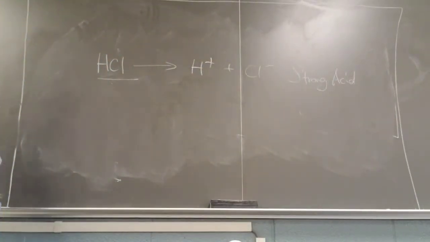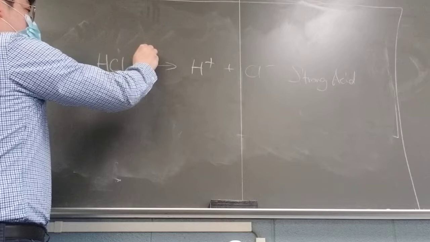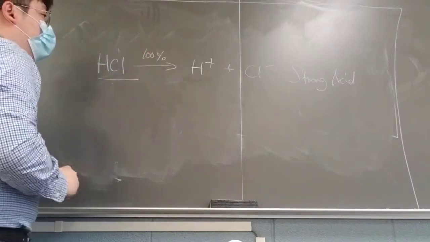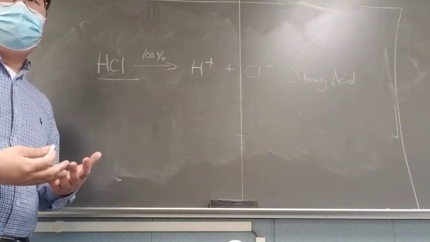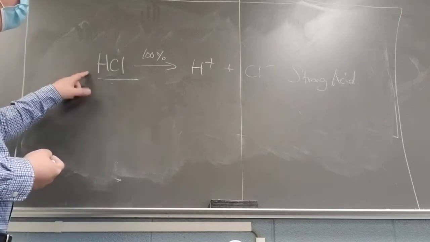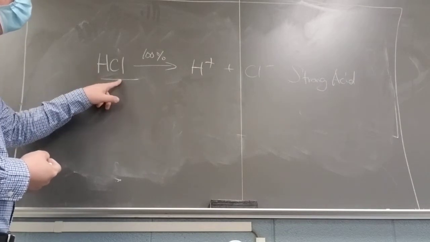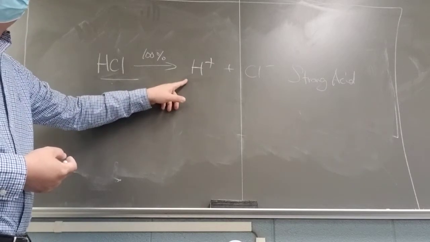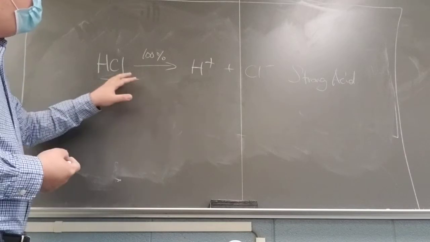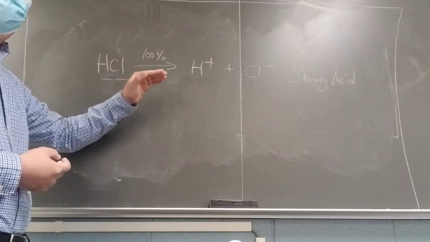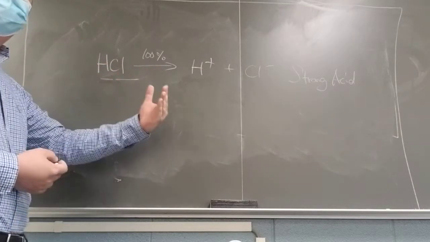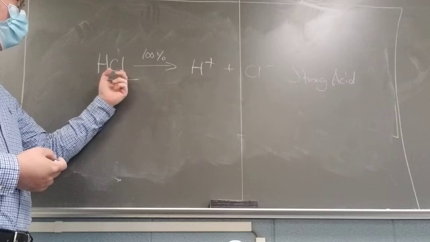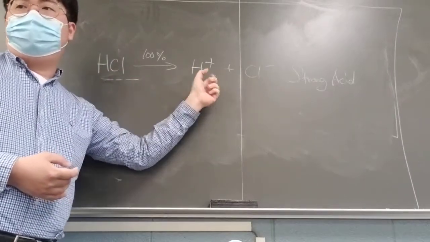But the problem is, we call this one so strong, almost 100% dissociation rate. Meaning, if you have 1 mole of HCl, you can expect almost 1 mole of protons as well. Because it shows very strong acidity, meaning it will show almost full dissociation between these two. So they can have lots of these two at the end.